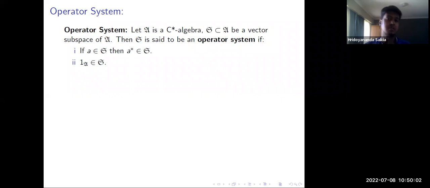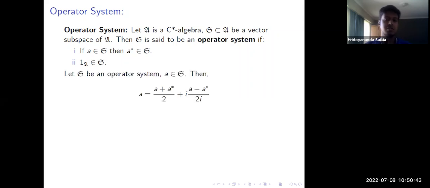Firstly, it has to be a vector subspace of the C-star algebra. Secondly, if a belongs to the operator system S, then a star belongs to S. And it has to contain the identity element. Some books say that it should be closed under the norm of the C-star algebra, but in our discussion we don't need that assumption, so I will skip that. We basically need these two properties.